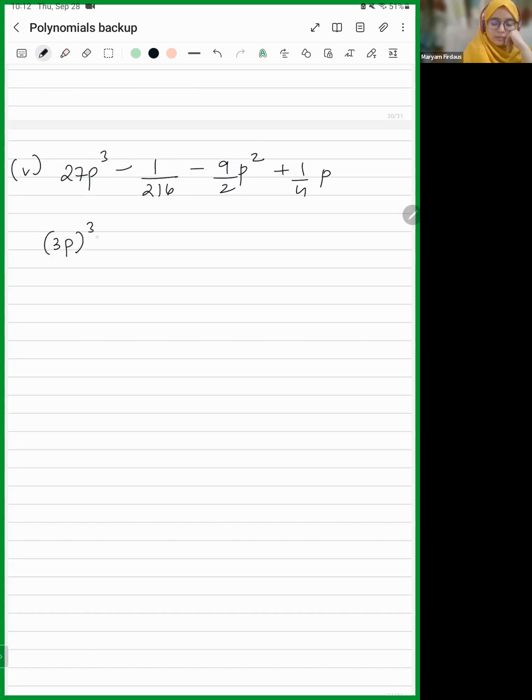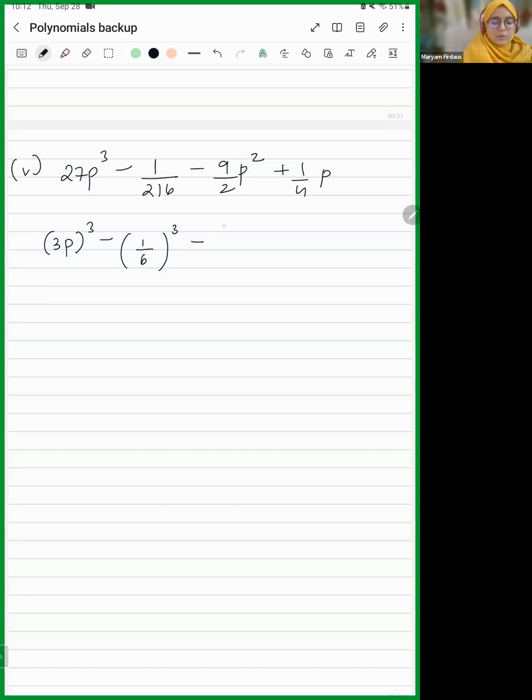Very good. Then minus 1 by 6, minus 1 by 6 whole cube. Then minus 3.